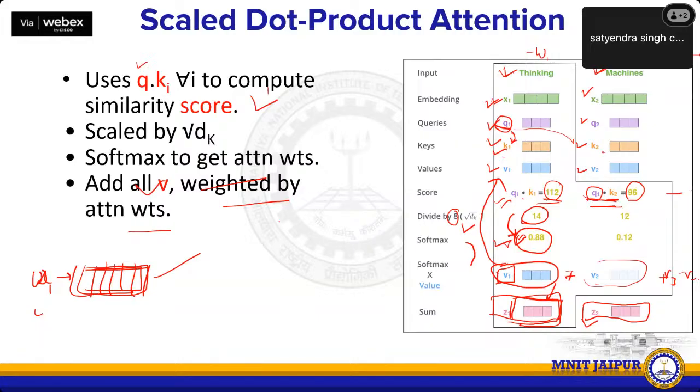Basically, we want to find out how this word one, w1, is relevant to different words, w2, w3, w4, w5, w6 in the sentence.